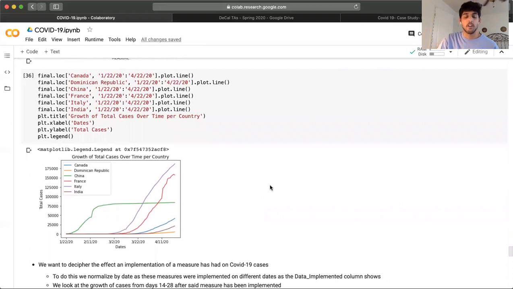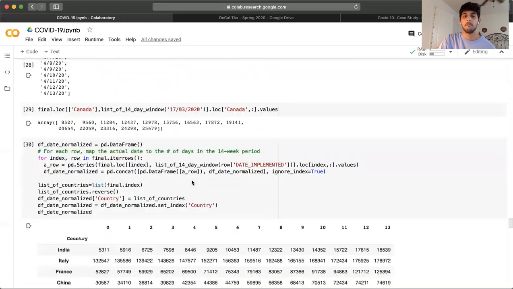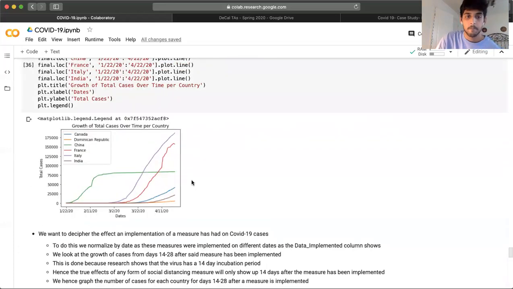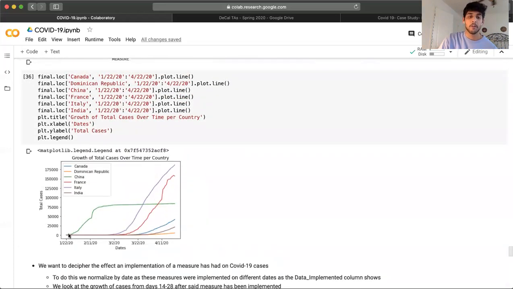Another type of chart that I've decided to use is a line chart or the line graph. The line graph is great because it allows you to show growth rates over a period of time. And as you could see from the tables, the number of cases have been mapped out from a period between January 22nd and April 22nd, 2020.